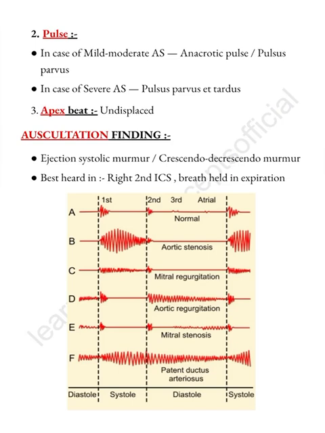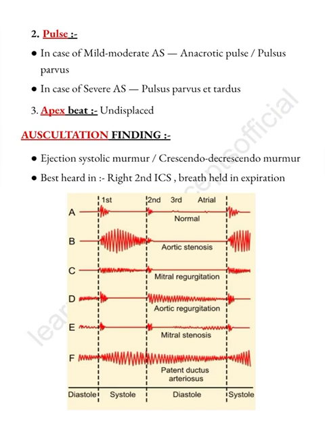Coming to the auscultation finding, here in aortic stenosis, we will have an ejection systolic murmur, which is also called a crescendo-decrescendo murmur. Now, as we go, you will know why we call it a crescendo-decrescendo murmur. Generally, in a normal valve, only at closure there will be a sound.